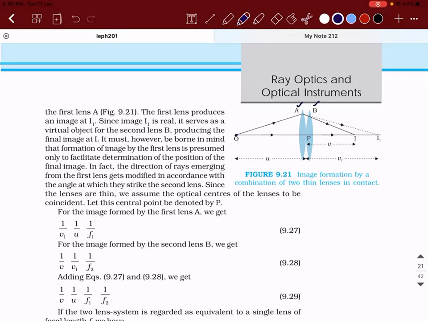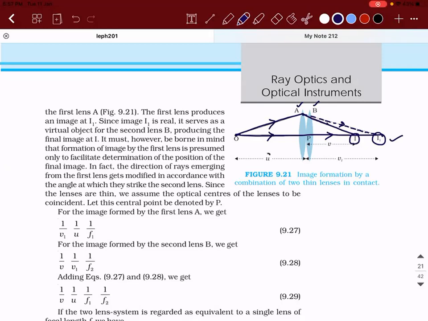If an object is placed here, then there is a ray that is going to travel undeviated like this. Secondly, there is a ray which will hit the surface here and start bending, and there is a possibility that the image is formed at this point. Then this image will start acting as the object for the second refracting surface. Due to the second refracting surface, let's say the image is formed at point I.